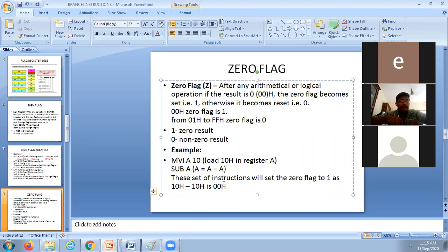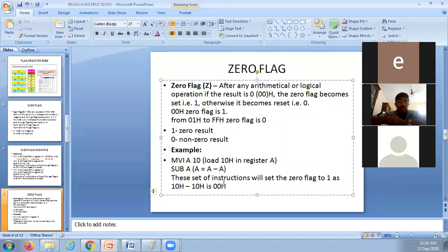Suppose A is 20, B is 20, A minus B, what is the result? 0. So whenever you have a result of 0 because of any arithmetic or logical operation, the zero flag is set.